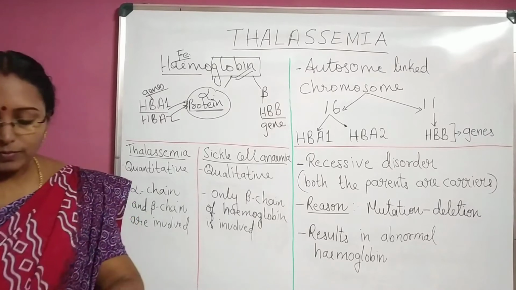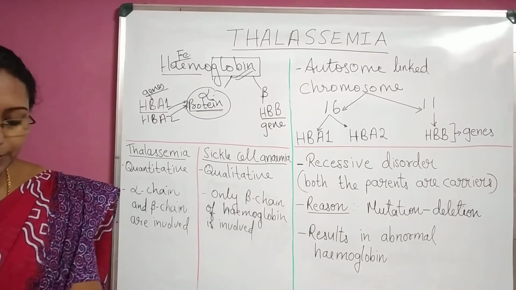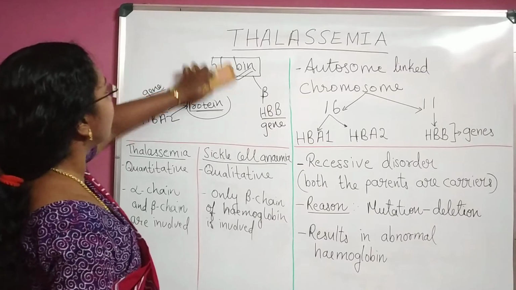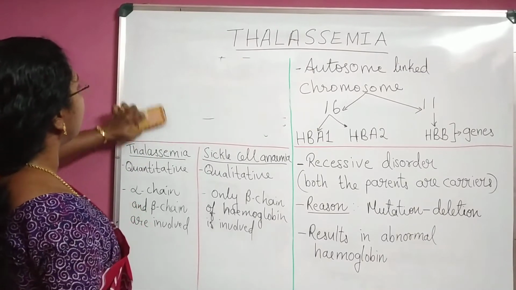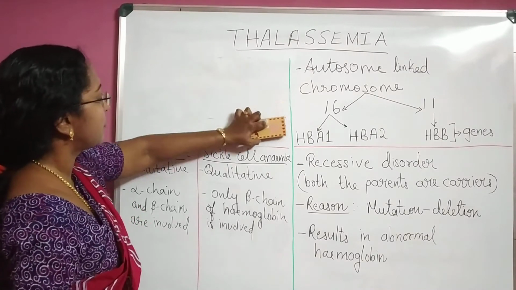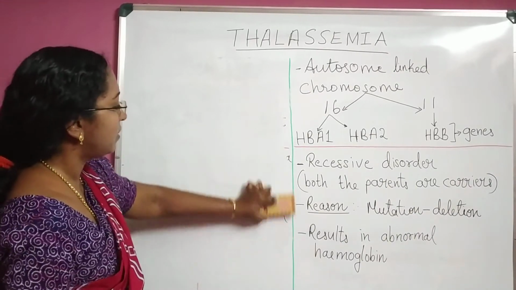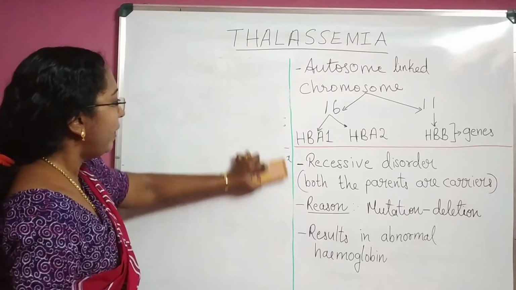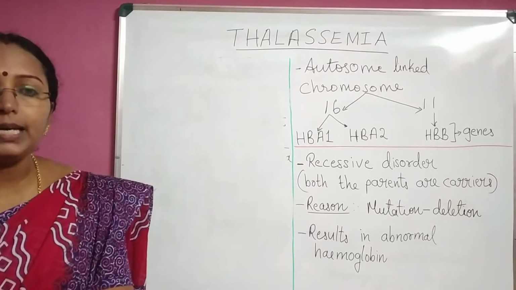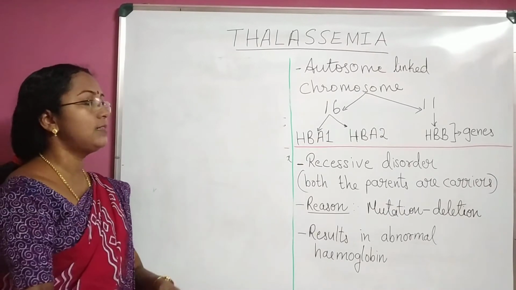Now, let me explain to you a little bit more here. I told you that alpha and beta chains can be affected in the case of thalassemia.